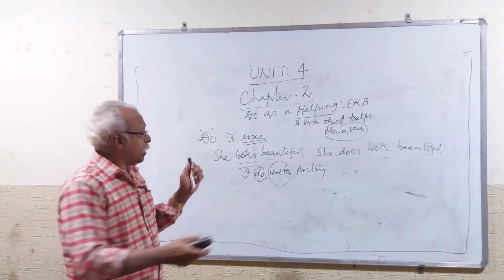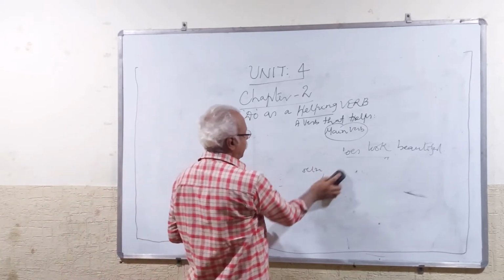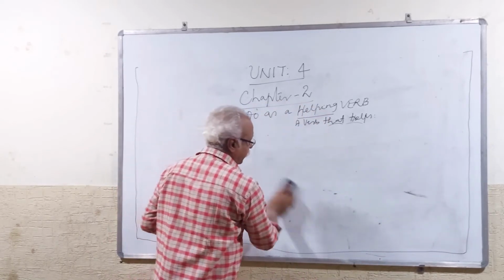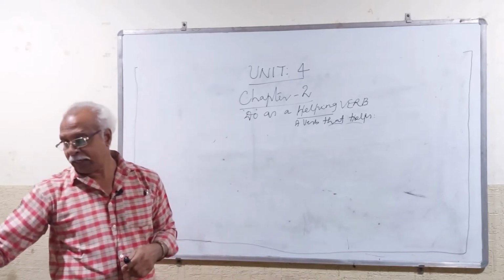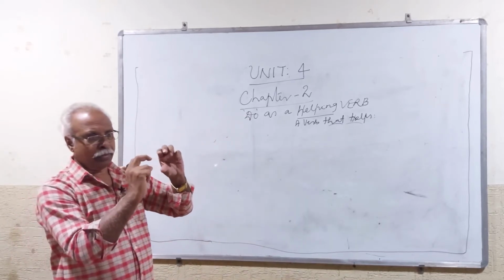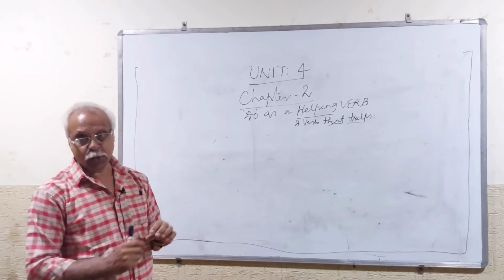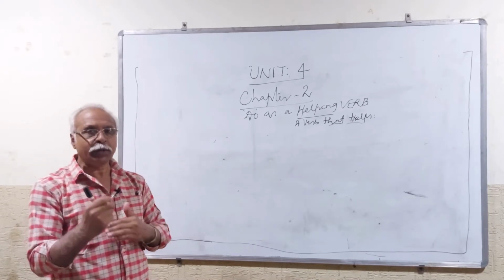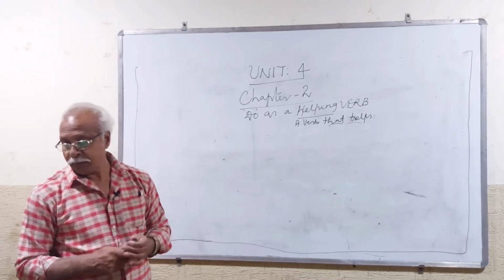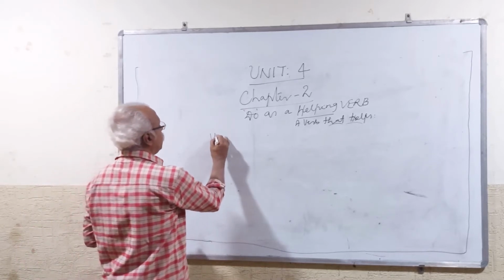Let's go with some dynamics of this helping verb. In order to make negatives and interrogatives, keep these small fundamentals in mind so that it becomes quite easier for you to make negatives and interrogatives with the verbs category I am doing.